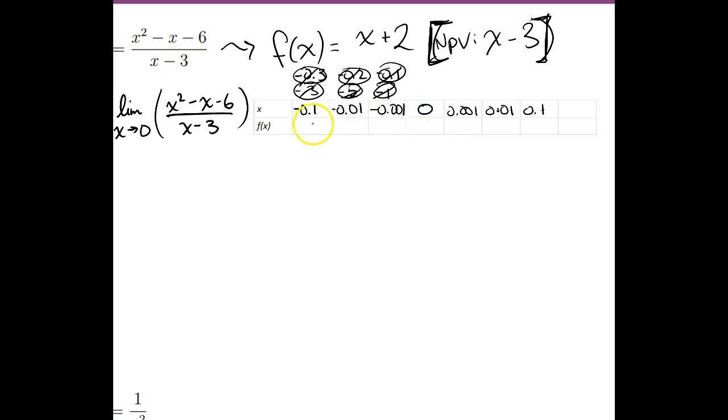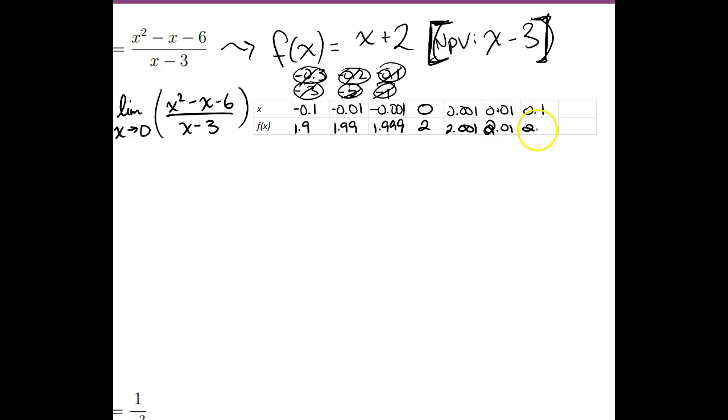So from here, I'm going to plug these values in and I'm going to calculate my output. So if I go in here, I get 1.9, 1.99, 1.999, 2, and then 2.001, 2.01, and 2.1.